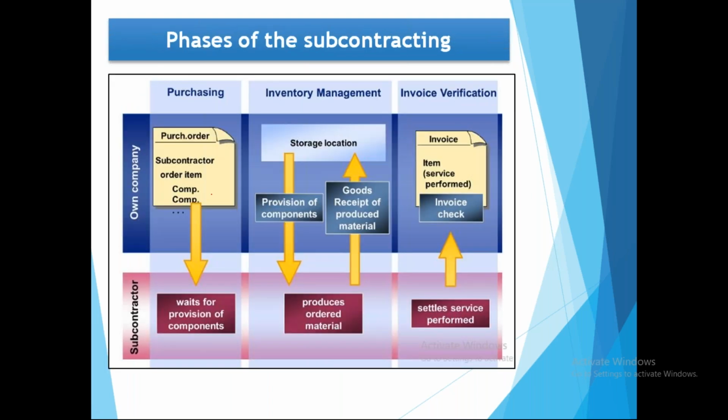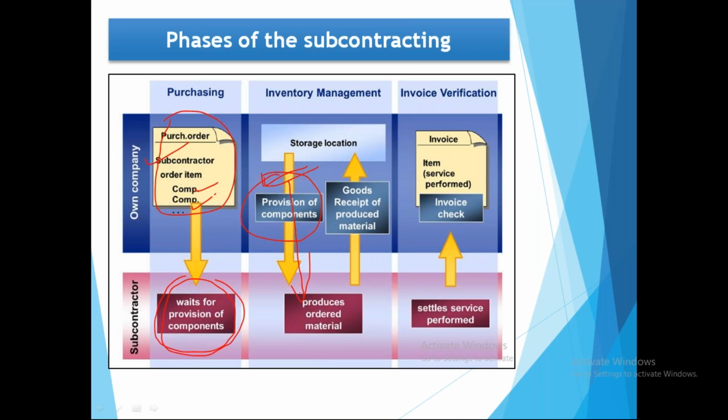So what happens here is you create a subcontracting purchase order. In the purchase order, you can see all the components. Now your vendor will wait for the components. Then you issue the components to the vendor. Provision of components: you send all the components to the vendor.